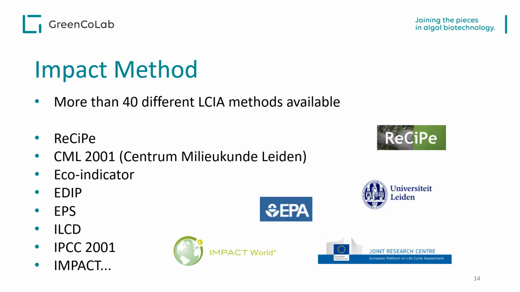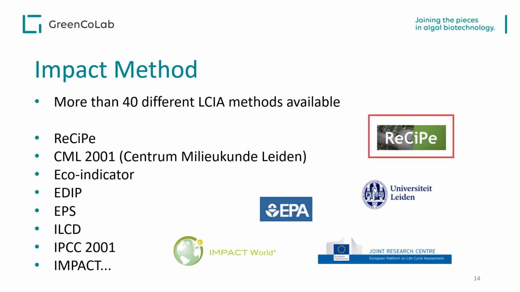The methods to normalize, group, or weight the impact categories can vary a lot, and there are more than 40 methods in the database and literature to be doing this kind of presentation of the impacts. The most used ones are ReCiPe, CML, IPCC, and many others.